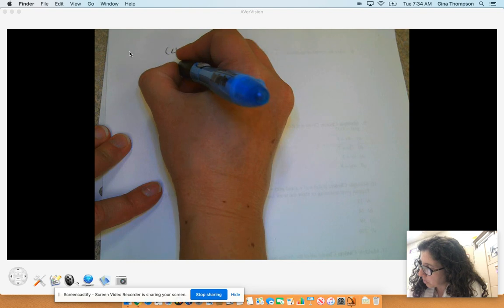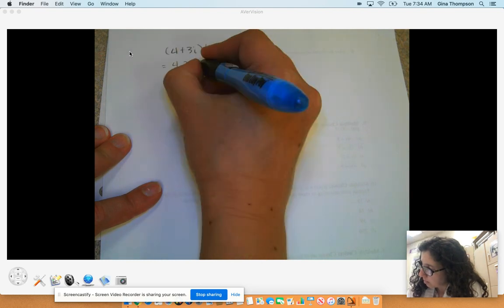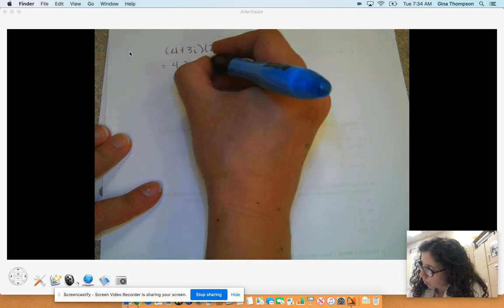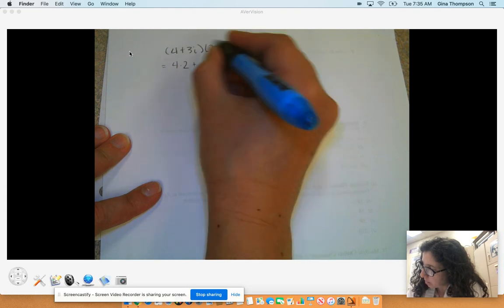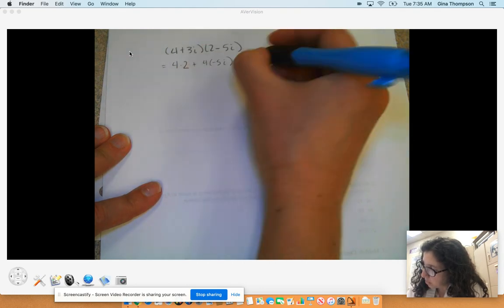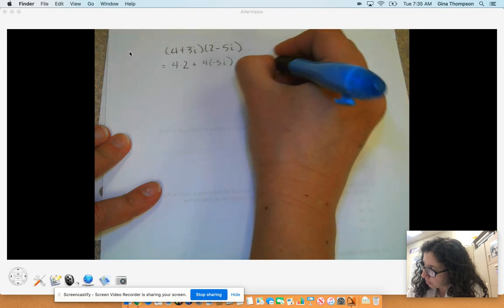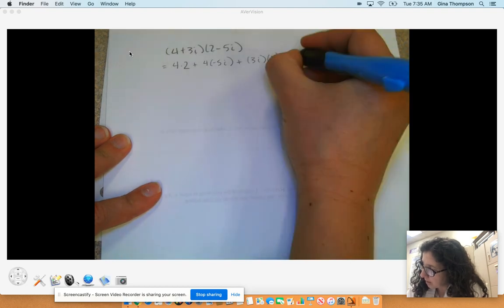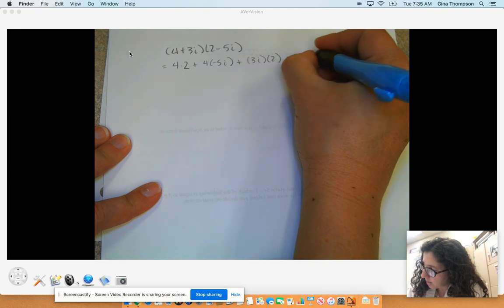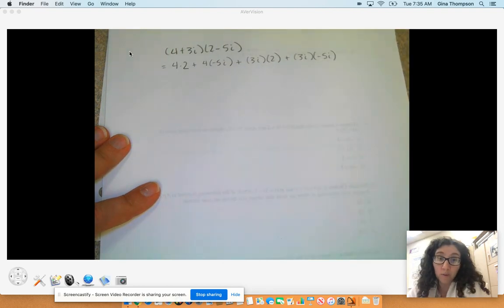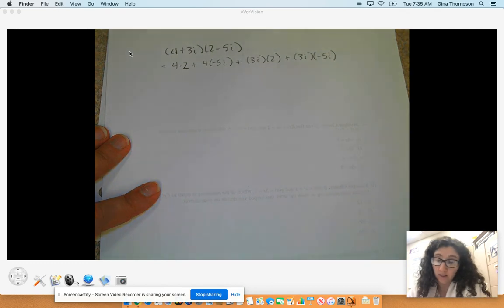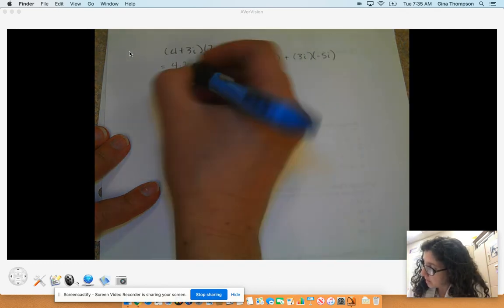We'll have 4 times 2 plus 4 times -5i plus 3i times 2 plus 3i times -5i. So as with most problems, be careful of the negative signs. Okay, so now let's simplify this a little bit.